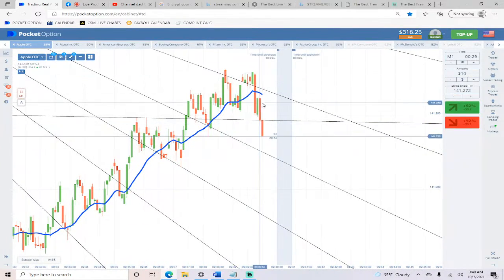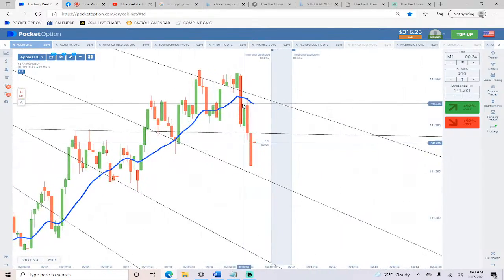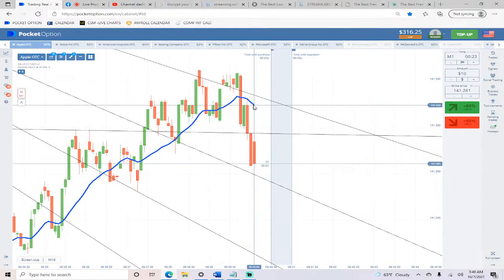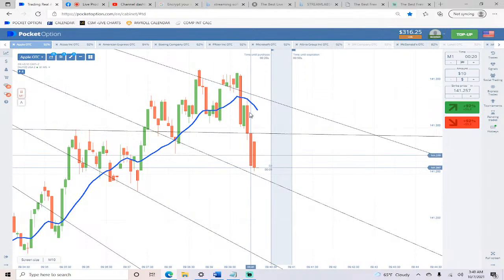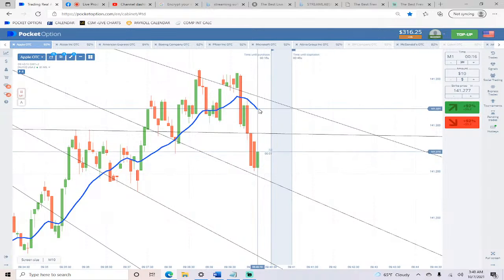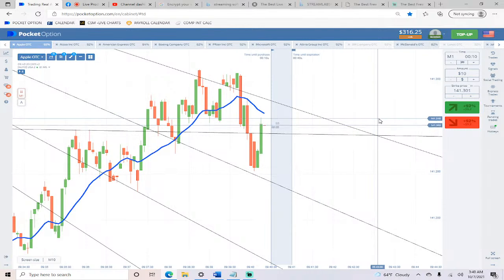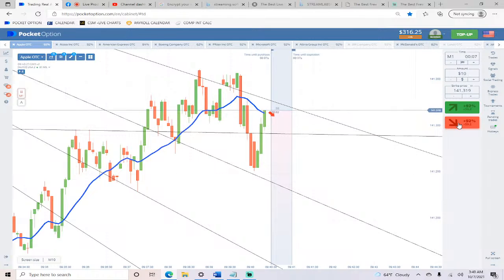Okay, I saw some nice rejection here. Let's wait for a bounce off our EMA because we are getting strong rejection off an uptrend. Let's wait for a bounce off this EMA. Let's wait for it to maybe even reach above it.